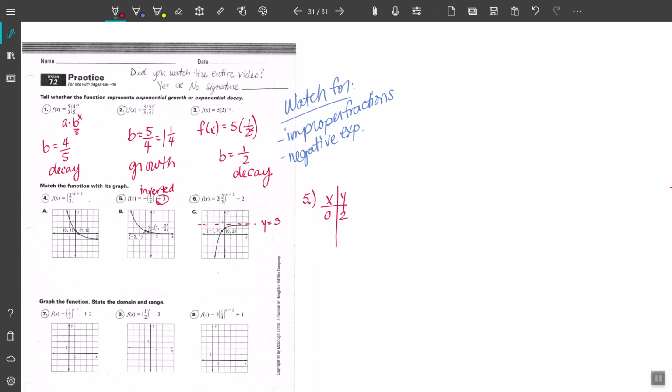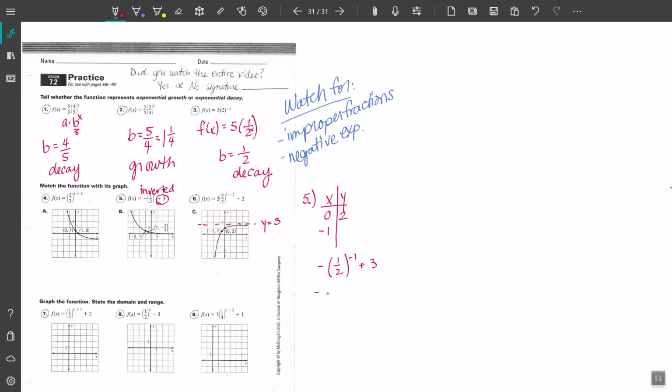And then -1. 1/2 raised to the -1st power will cause that to be reciprocated. So let me show you this one. I'm going to raise this to the -1st. So this is the opposite of 1/2 raised to the -1st.